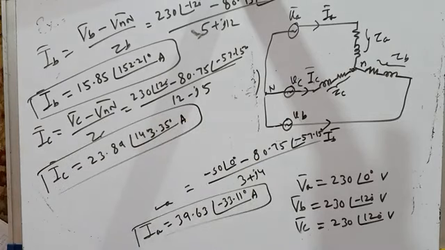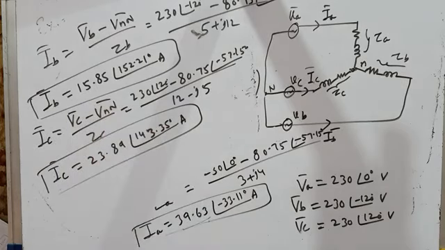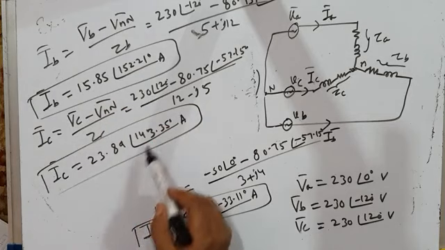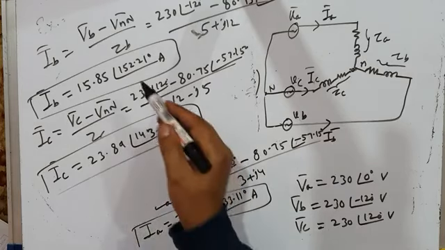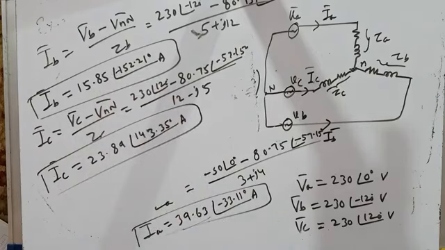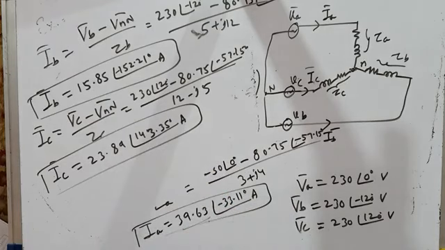Now you can clearly see IA has a different magnitude, 39.63 amps. IB's magnitude is only 15.85 amps, and IC's magnitude is 23.89 amps. Phase angles, not only magnitudes, are also different.